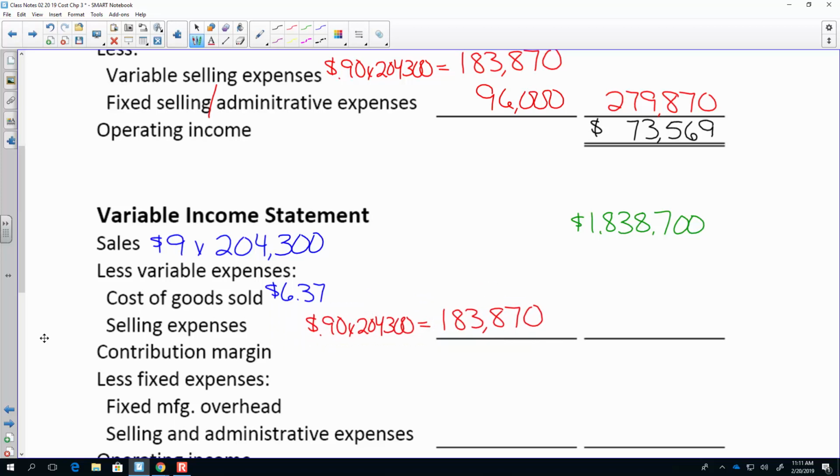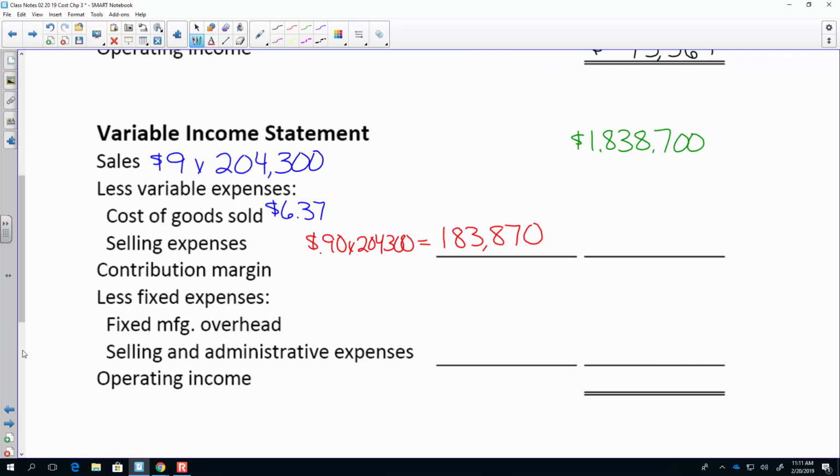So the variable statement is set up a little bit differently, not much, slightly different.